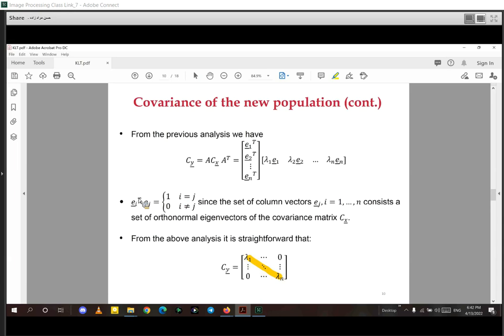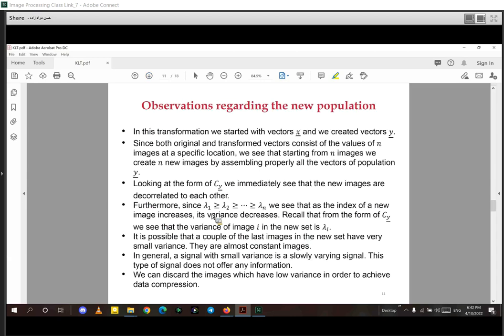That means the new images, or Y images, are decorrelated, don't have any correlation with each other, or are independent of each other. That's right.